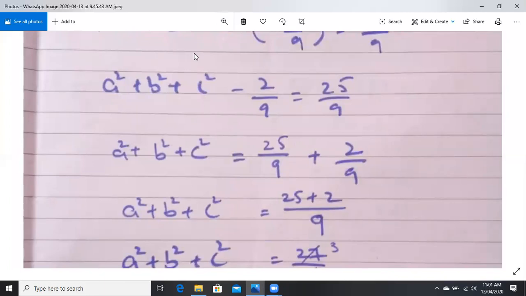When I shift it to the right side of the equation, this should be a plus, because these are basic mathematics rules. Sometimes we just take common, and there are many methods of solving this. Just remember that when we shift it to the right side, the sign will be changed. If it's multiply, it will be divide. If it's divide, it will be multiply, like this. So 2 upon 9 is minus, so this will be plus.